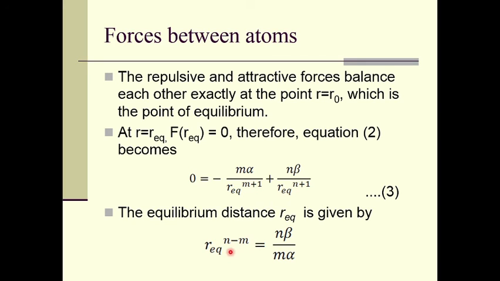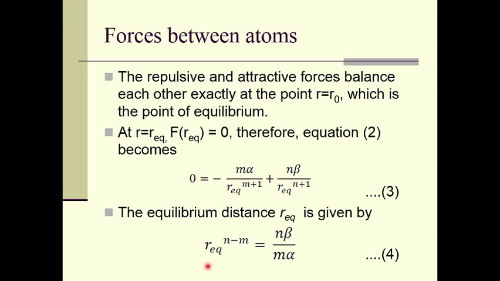And again if I rearrange, we get r equilibrium raised to n minus m is equal to n beta upon m alpha, right. So this equation, let us call it equation number 4, gives us the equilibrium separation between the two atoms, right.